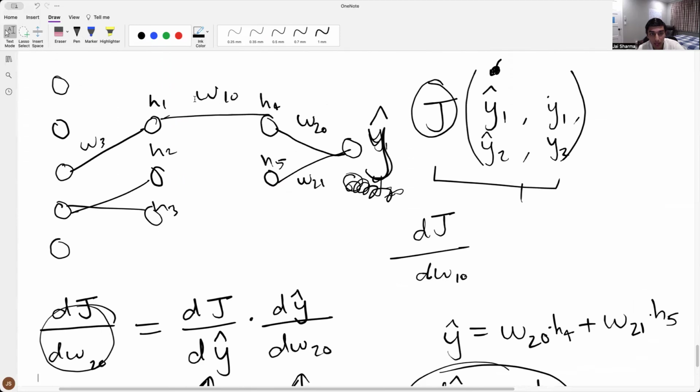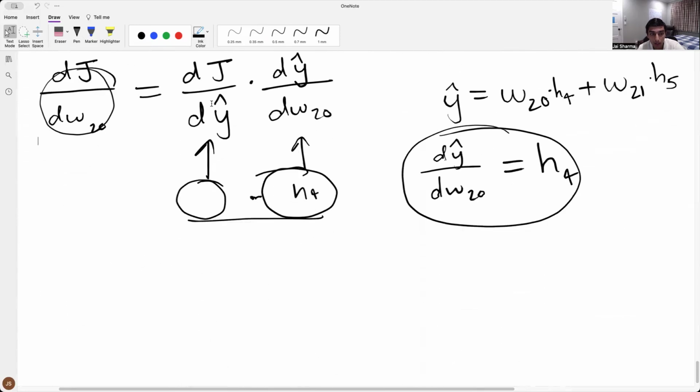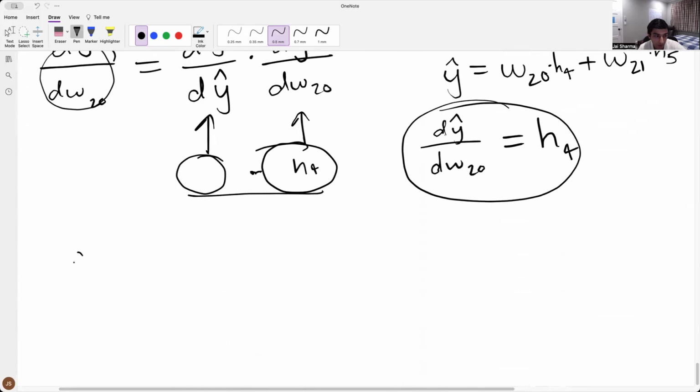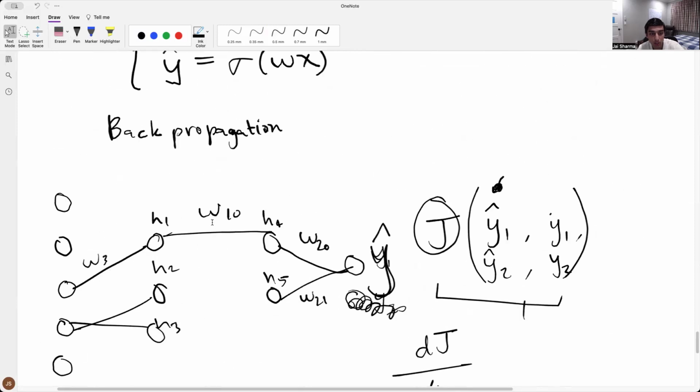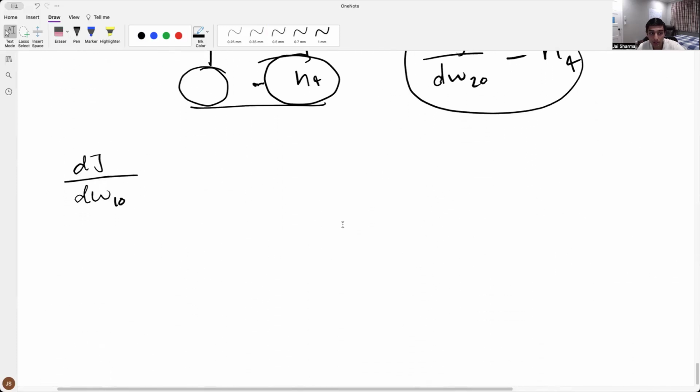And let's say for W10, we want to get dJ/dW10. How is that even possible, right? Because W10 is all the way here and J is computed all the way here, right after you have the output. Well, again, we can split this into multiple subproblems. In order to produce J, we need to know y hat.